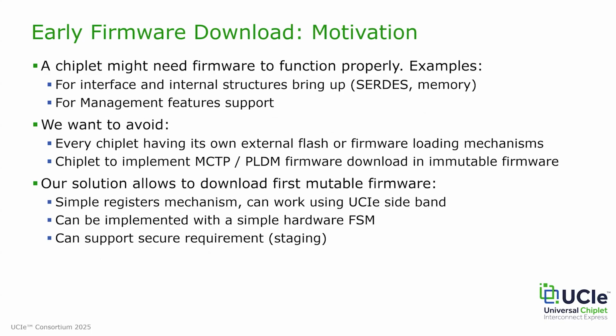It helps with the system design because you're not interfacing to multiple ones, one for every chiplet, and it also reduces the costs. So UCIe 3.0 introduced a simple register-based mechanism for firmware download, which can be used via the sideband or even the main band of UCIe, and can be implemented with a simple hardware finite state machine.